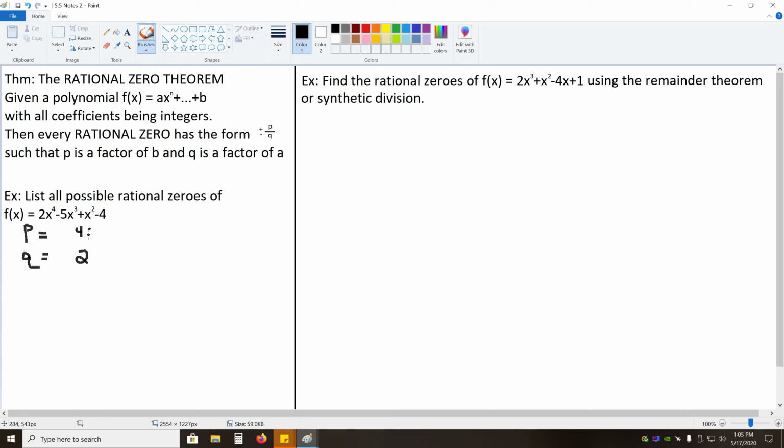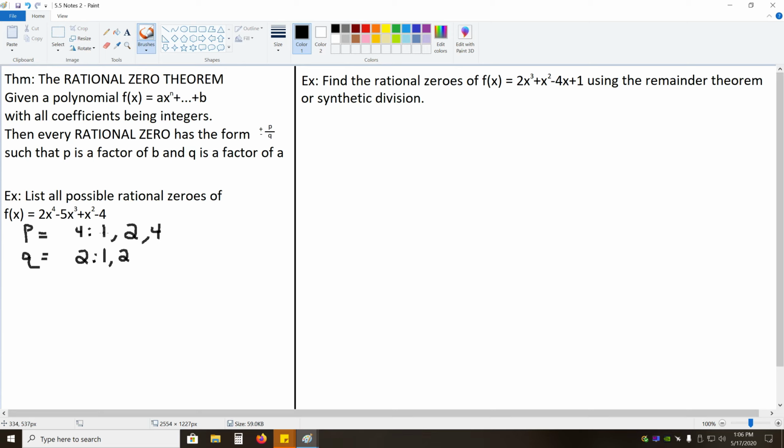So what are all the values that divide 4 evenly? They're 1, 2, and 4. And all the factors that divide 2 evenly are just 1 and 2. We now want to take every P value and divide it by every Q value.